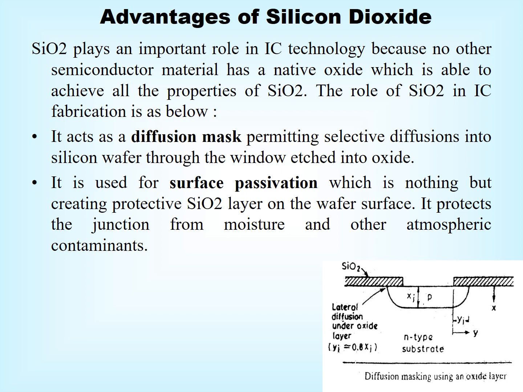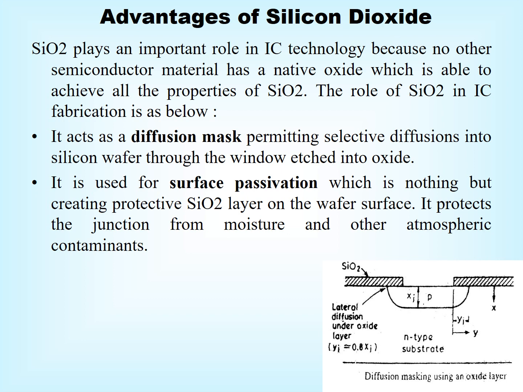Actually, when silicon is exposed to oxygen or oxygen with water vapors at elevated temperature, it is oxidized, and this oxide is known as silicon dioxide. It has a very important role to play in IC fabrication because it can itself be used as a diffusion mask.